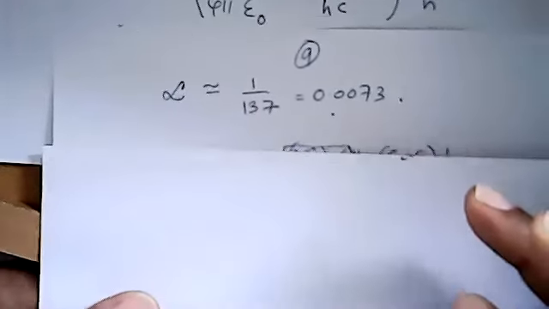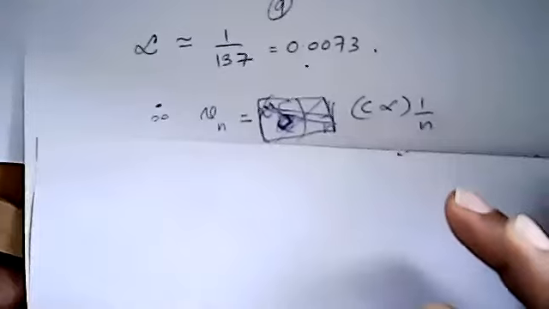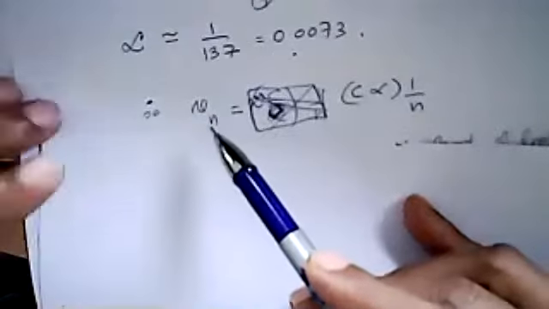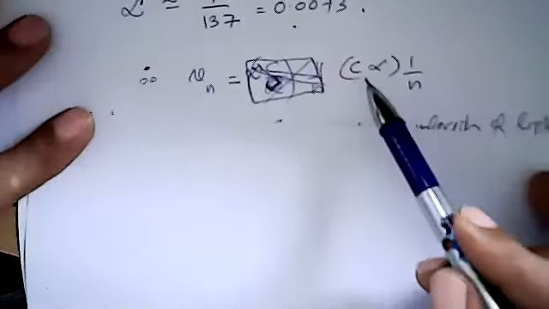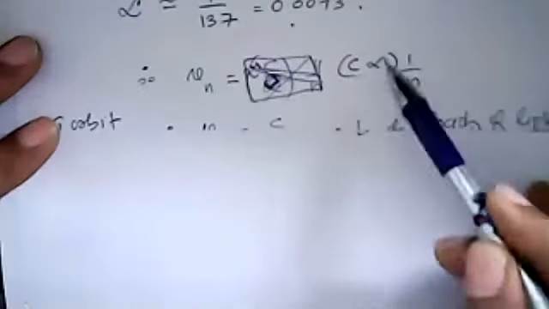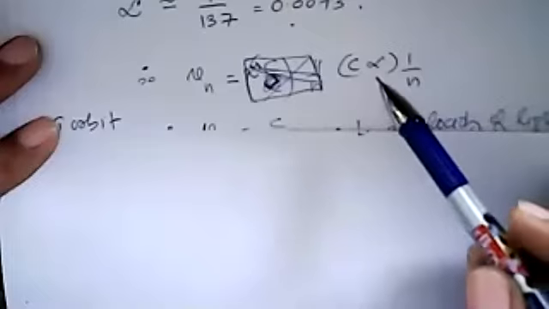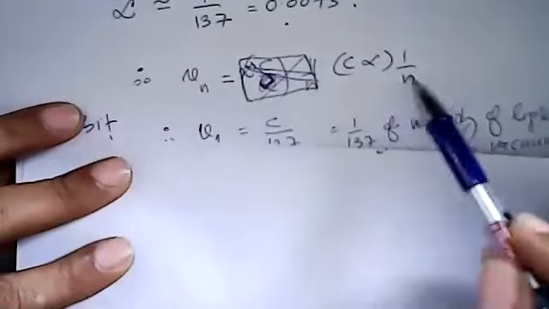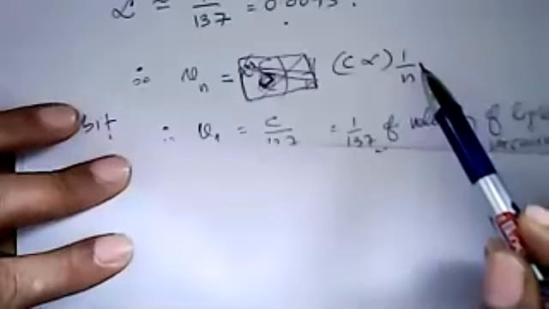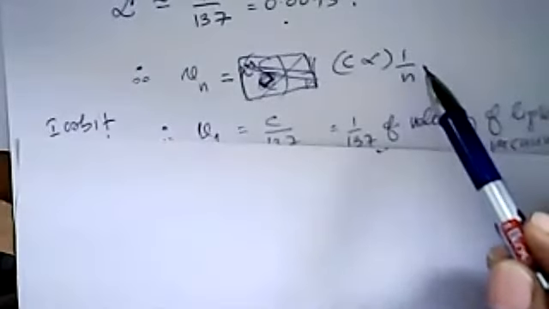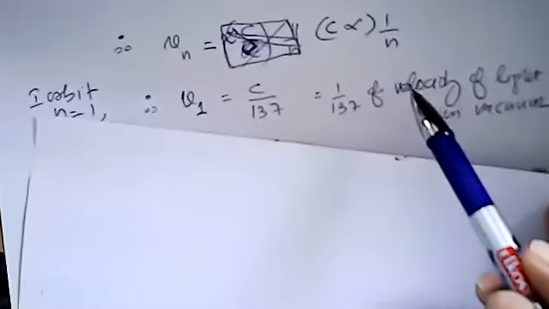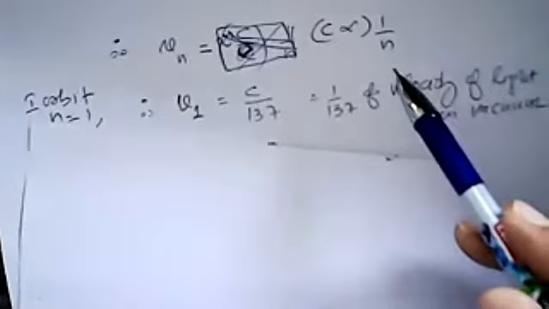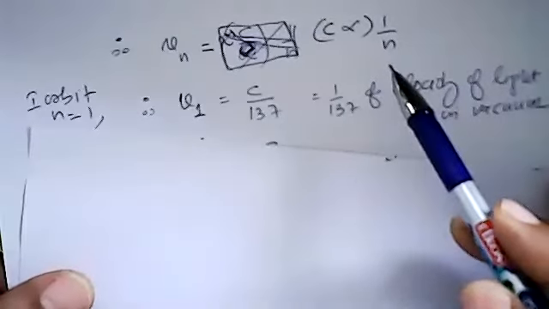So you can write now Vn equal to c alpha, that together you can take as a constant, then 1 by n. Or Vn, the velocity in orbit, is proportional to 1 by n, or velocity is inversely proportional to n, the number of the orbit, which is the principal quantum number.